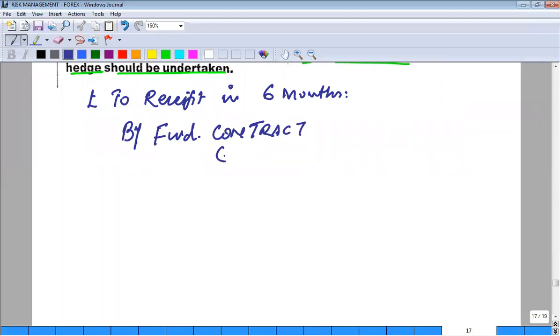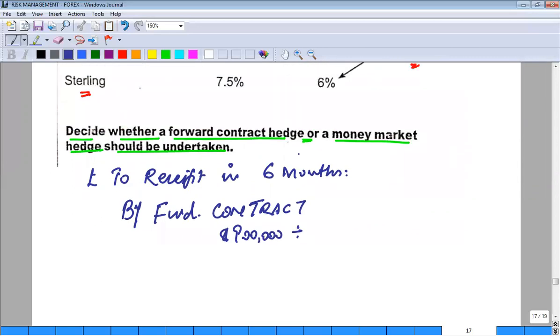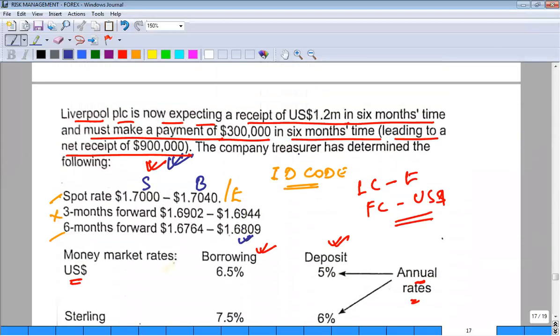So if we arrange the forward contract for $900,000, we will sell, the bank will buy, at the rate 1.6809.